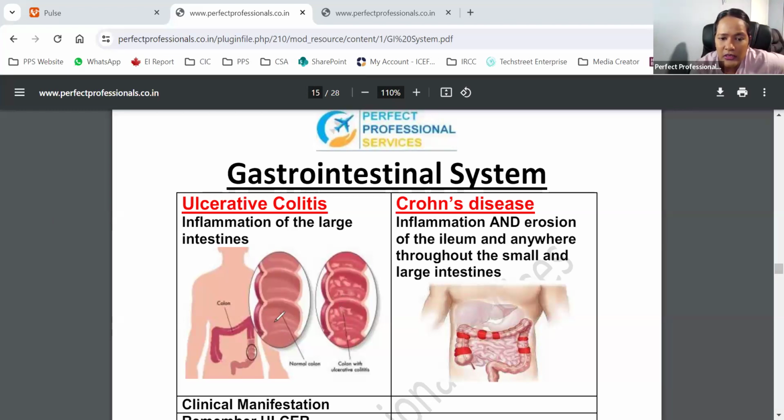As you see, this is a normal colon and over here there is an inflammation. This is ulcerative colitis, which means inflammation. Now, in Crohn's disease, what is the difference? Here there is erosion, here there is a wound. Okay, this is a wound. It commonly happens in the ileum, but it can happen in any place of the small or large intestine.